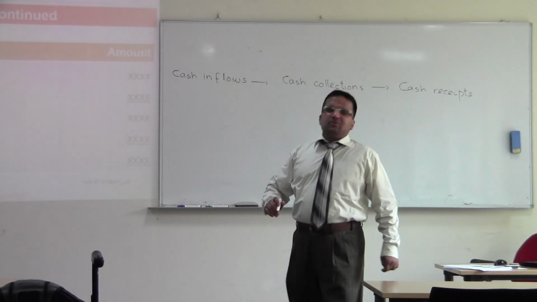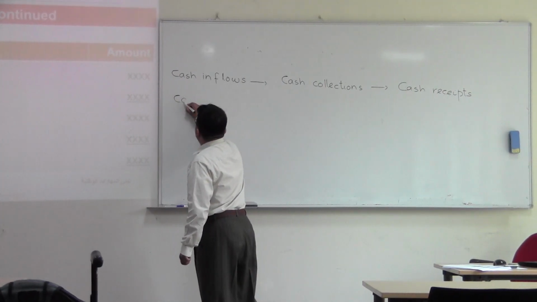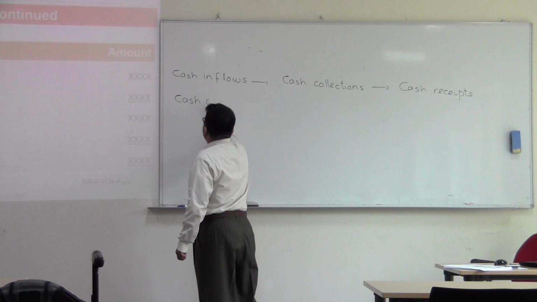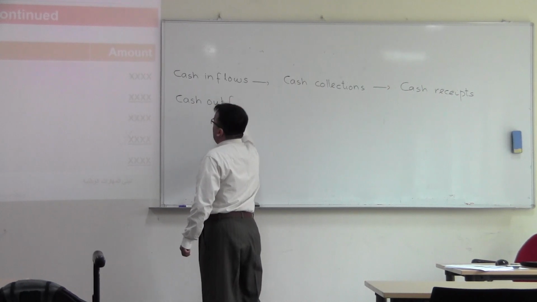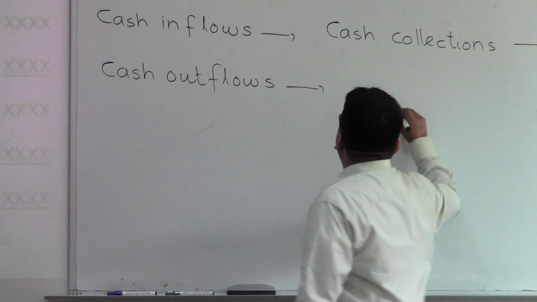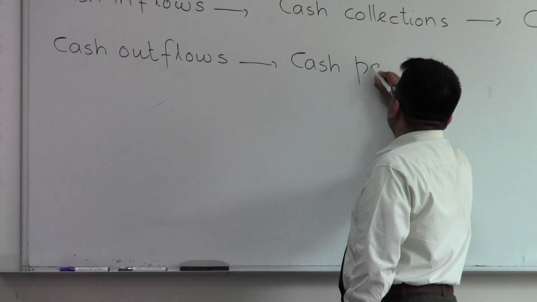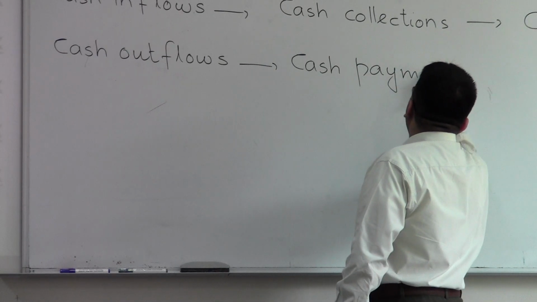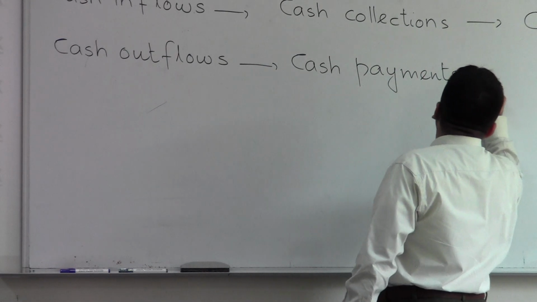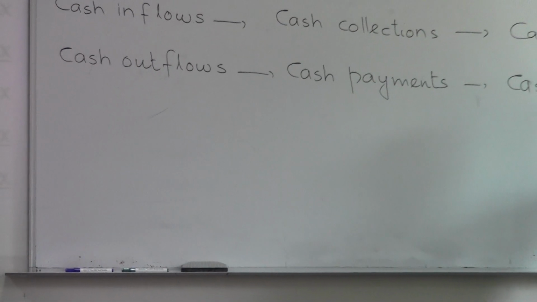Examples I will give later on. Then cash outflows are the opposite. Cash outflows are called cash payments, and one more, a little more difficult word, is used: cash disbursements.